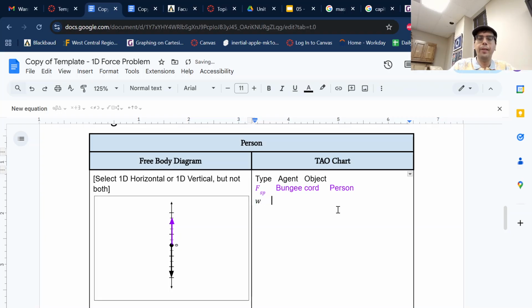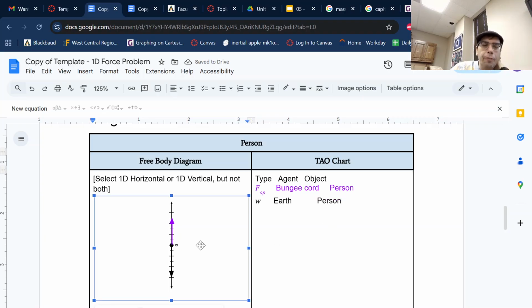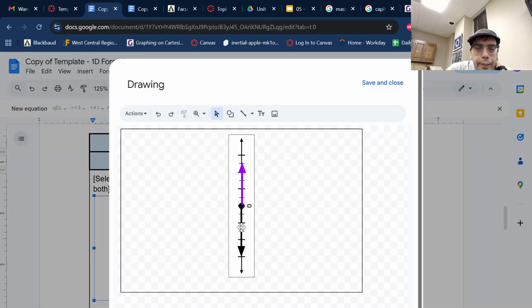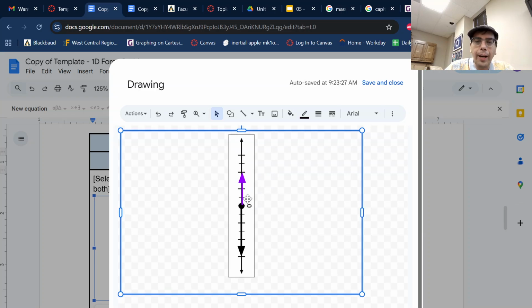We have weight, and the earth is the agent like we talked about for the watermelon. Okay, so what did I choose? I should have chosen nicer even numbers so I could see them easily. So 4 tick marks for the bungee.